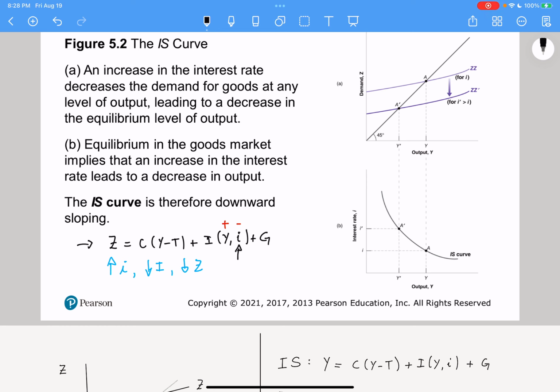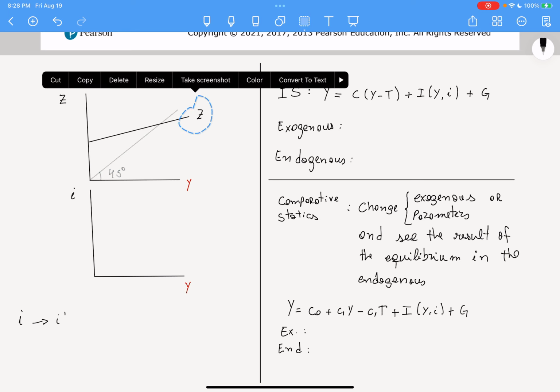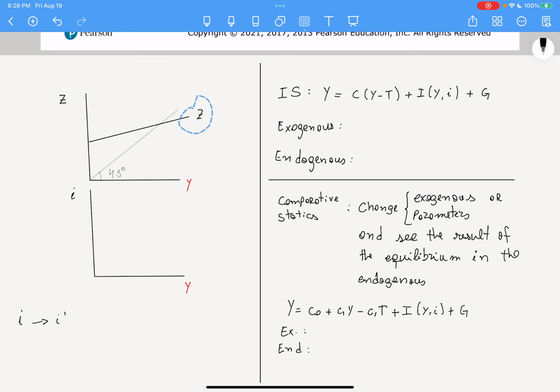This negative sign implies that when the interest rate goes up, the investment goes down. When the investment goes down, the demand goes down. So when we have a higher interest rate, the investment goes down, and therefore the demand goes down. So this curve shifts down.